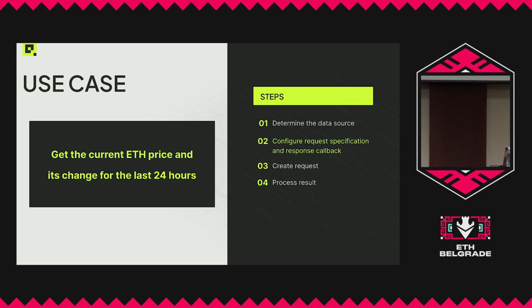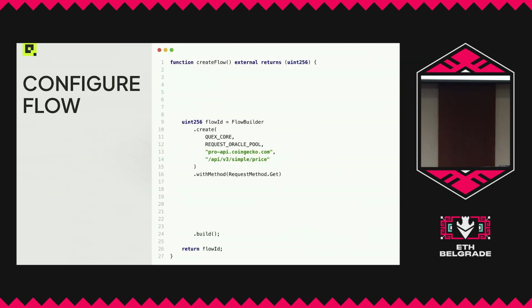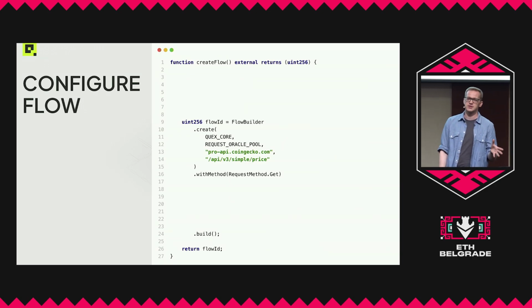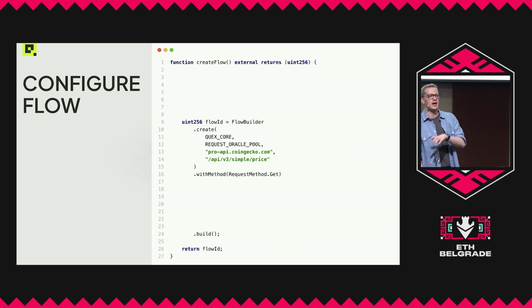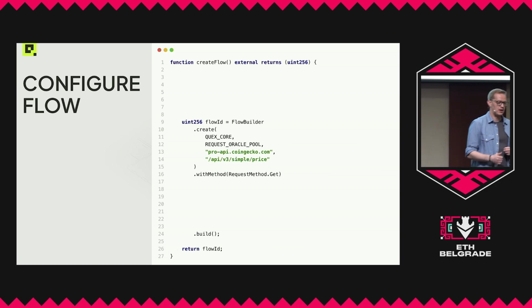So let's move further and configure the request specification and response callback in Quex. In Quex, the combination of the request itself, post-processing, and a callback, we call a flow. Our library provides a flow builder.